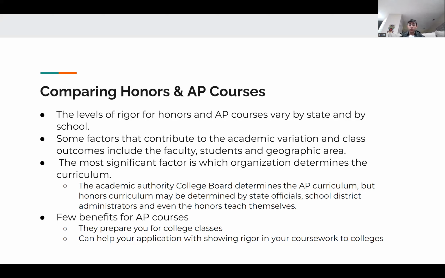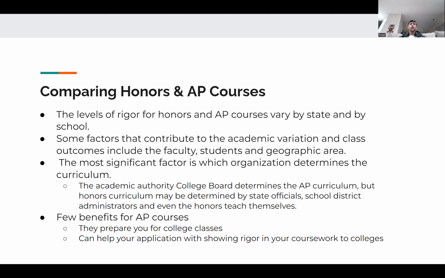And realistically, the most significant factor in which College Board compares a course is through the curriculum, right? College Board administers all of the AP exams, and they create all the curriculum for each of the AP courses. They have a beautiful website which shares every single unit and what they're going to cover in that unit.